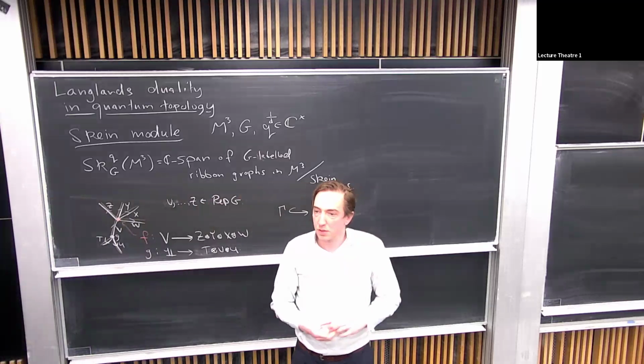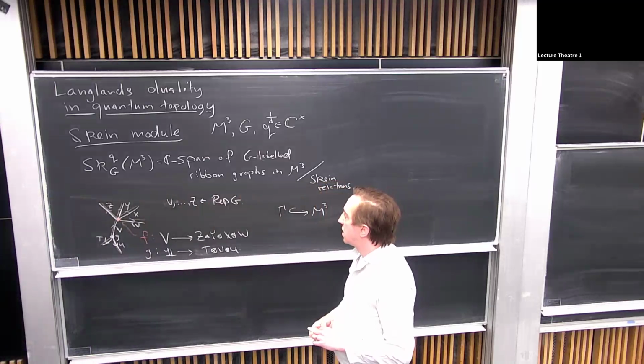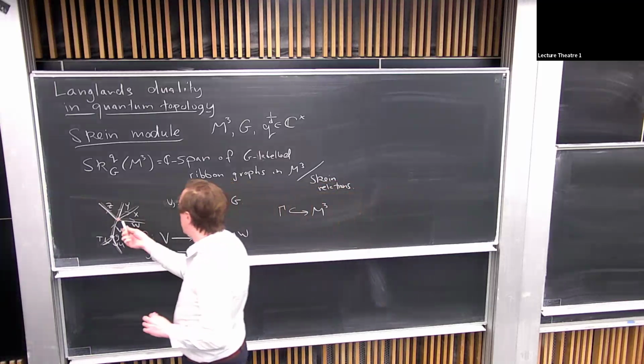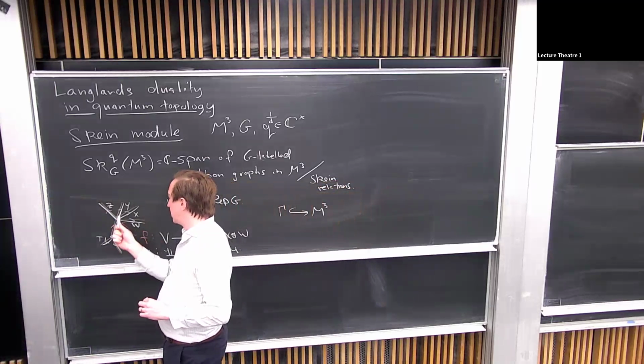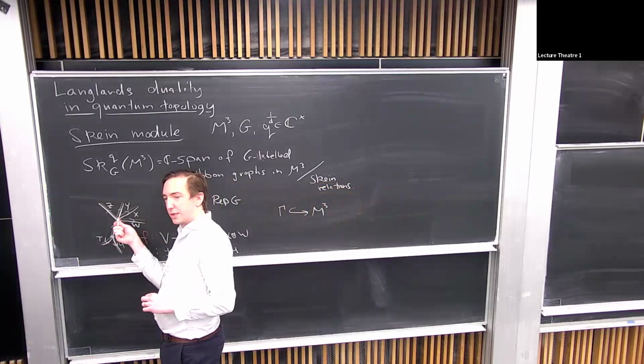Ribbon graph, oriented surface with boundary, essentially. You can think that, and it determines certainly that. But I really want to think about data here, which is the vertices.